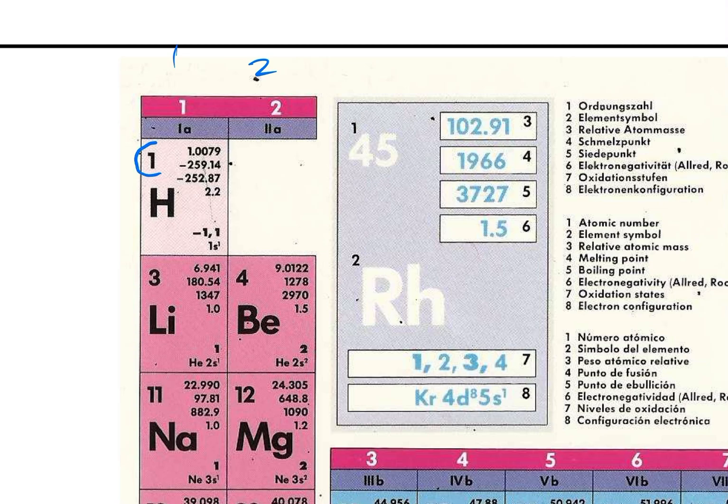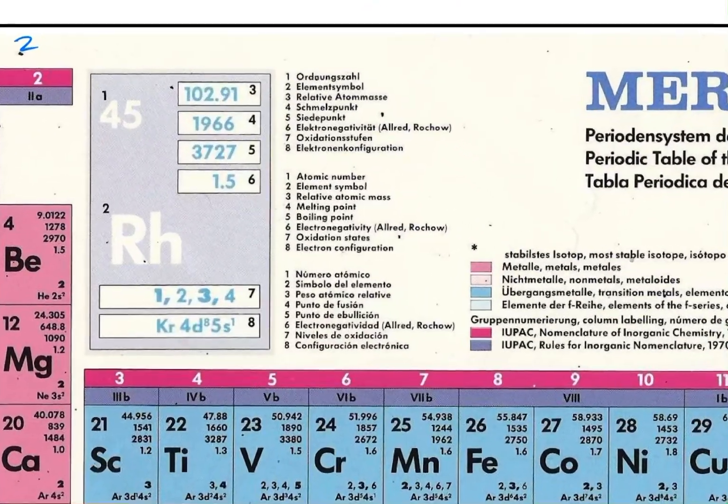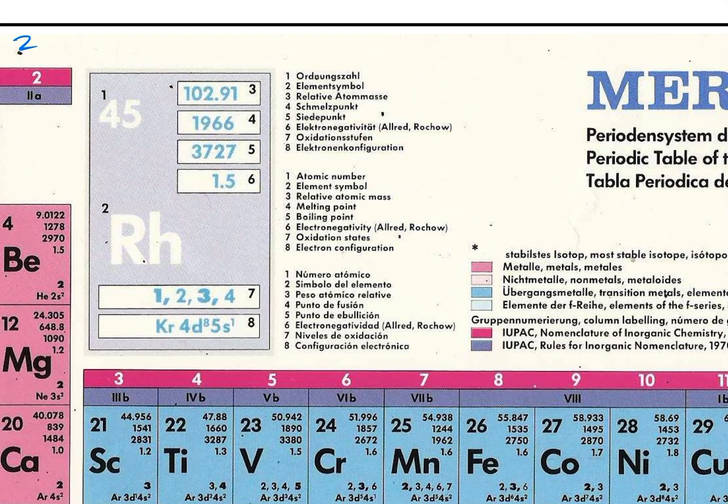In every cell we can find some information: atomic number, atomic mass, oxidation number, and electron configuration, which we studied before. Also we can see electronegativity. Here it is in the German language, but no problem.